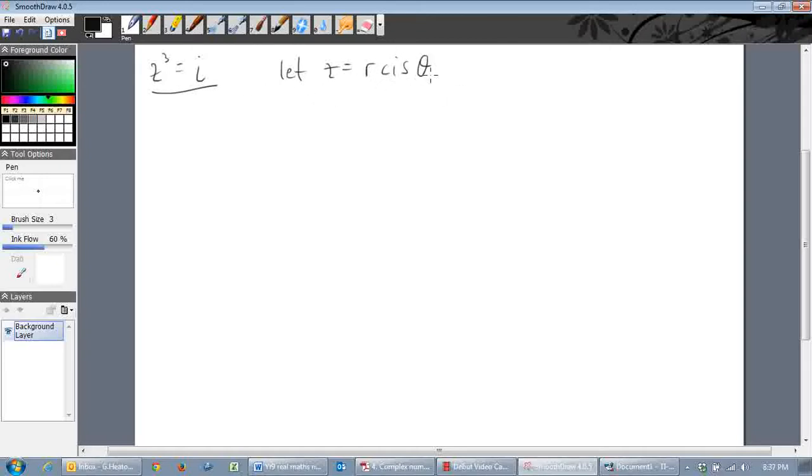It's the easiest way. And now let's rewrite it. So therefore, what we've got is r cis theta cubed. Okay, so the z cubed is equal to i. Therefore, let's just open it out. r cubed cis 3 theta is equal to, now I just want to write i in polar form.